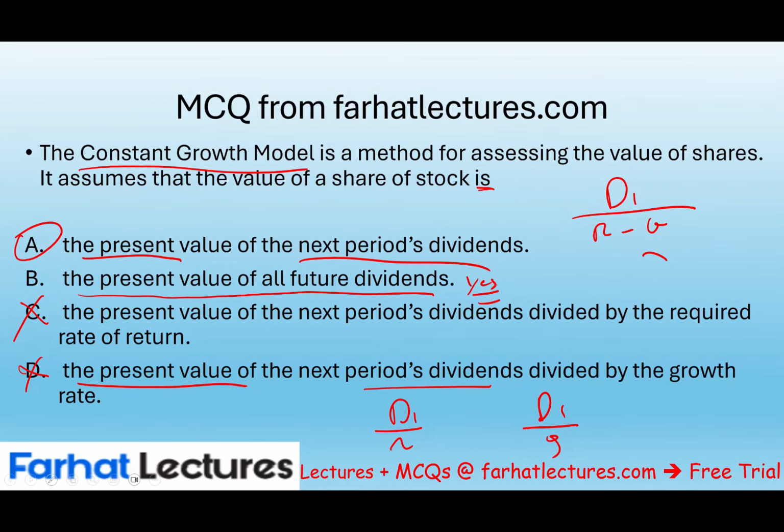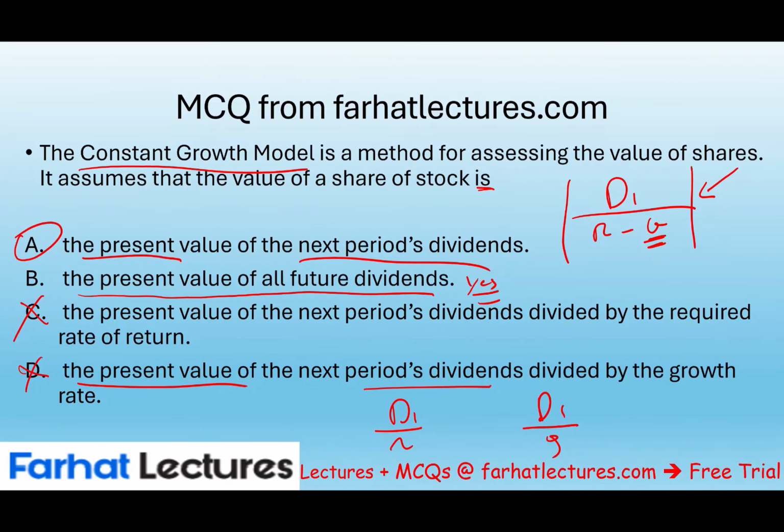The price of the stock, whether it's the constant growth model or the constant dividend, is the present value of all future dividends. For the constant growth model, this formula reflects the present value of all future dividends. But remember, with all future dividends and constant growth, you have to integrate G, the growth.